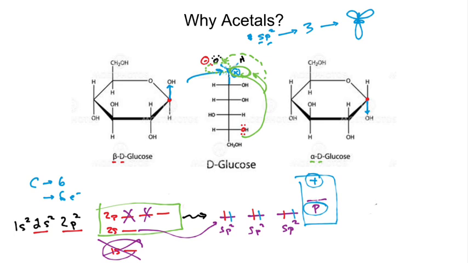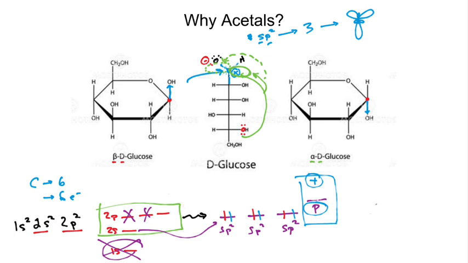What if it had come in and attacked from the bottom side? It would push the oxygen up. The difference between beta and alpha glucose is just how you formed the ring, how you overlap the electrons on this oxygen with that p orbital. That's it. An insanely subtle change that drastically changes the output of the glucose.